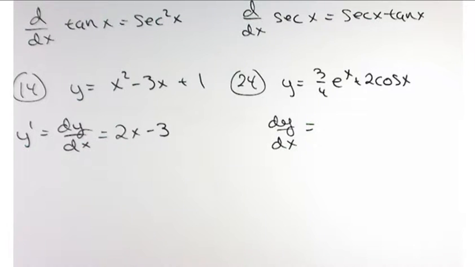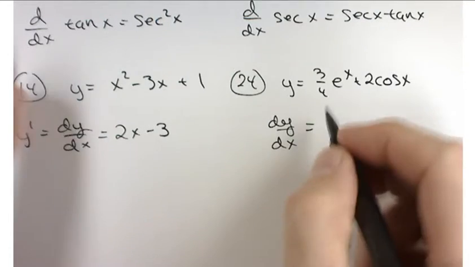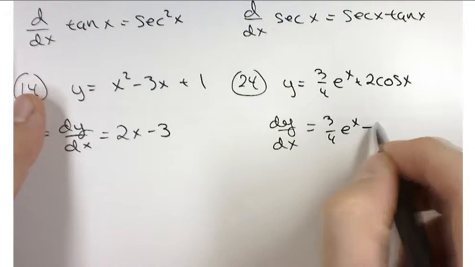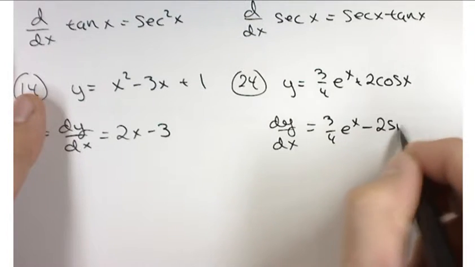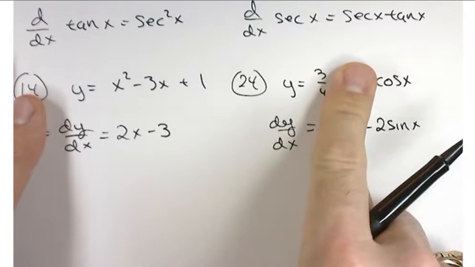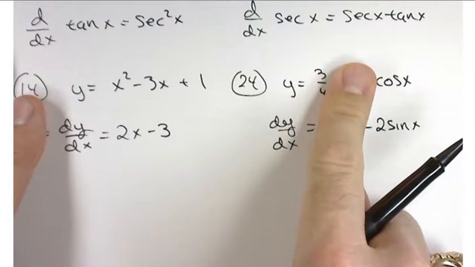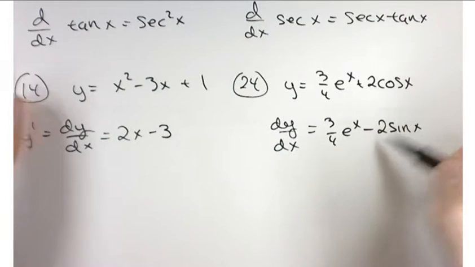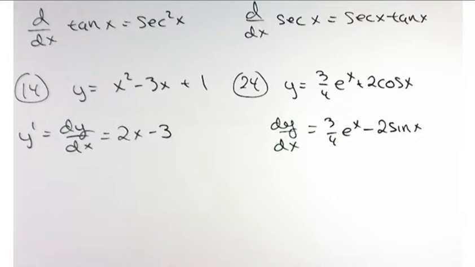Any takers on that one? All right, 3/4 e to the x, right? Isn't that cool? Nothing here changes. 3/4 e to the x minus 2 sine of x. Good. You kind of ignore the 2 and you just look right at the cosine. Derivative of cosine is minus sine, so the minus times the 2 gives you your minus 2 sine of x.